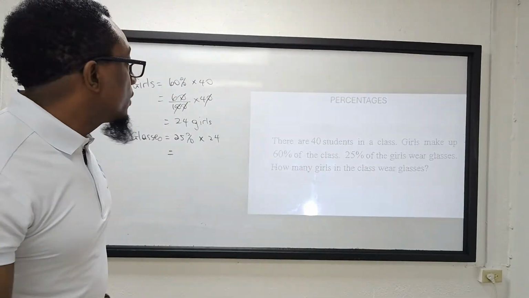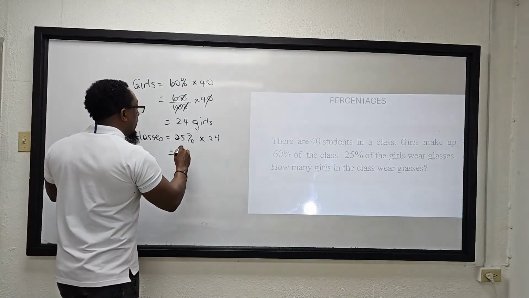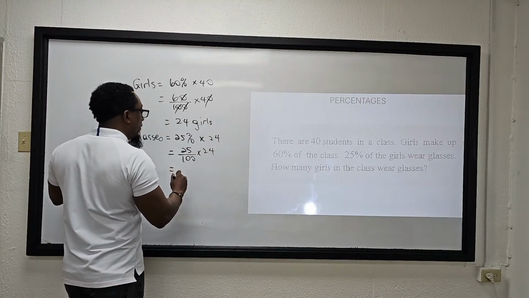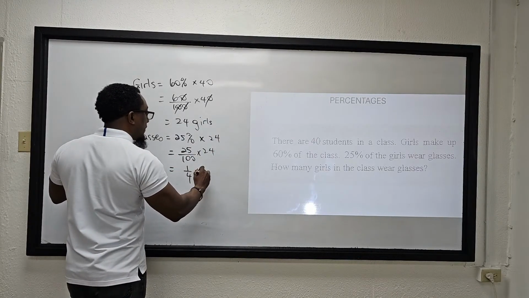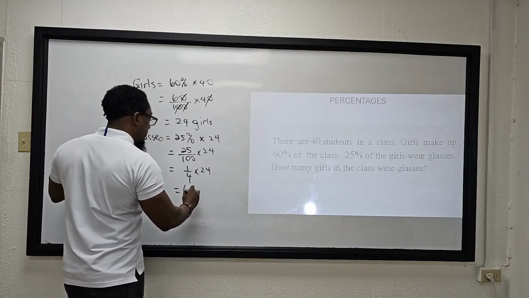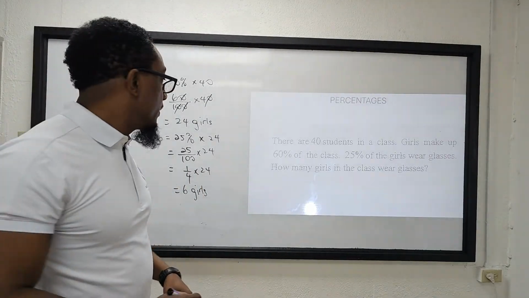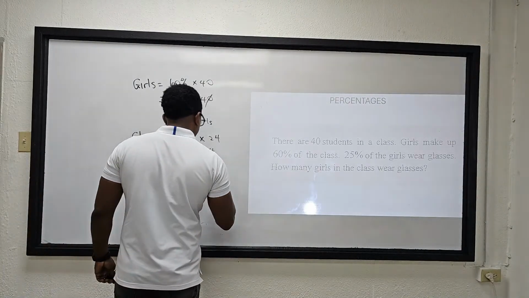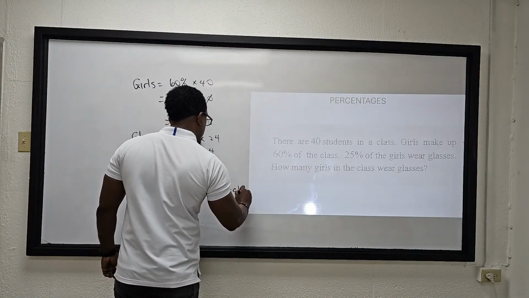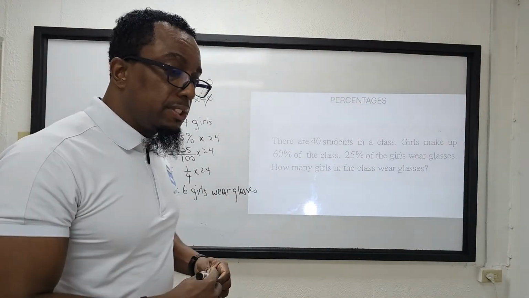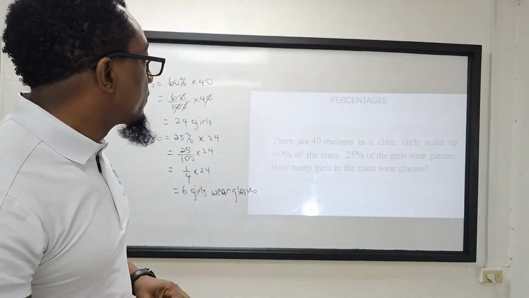So this will be 25 all over 100 times 24, which is a quarter times 24. So 6 girls wear glasses. Good? Straightforward. So percentages, pretty straightforward.